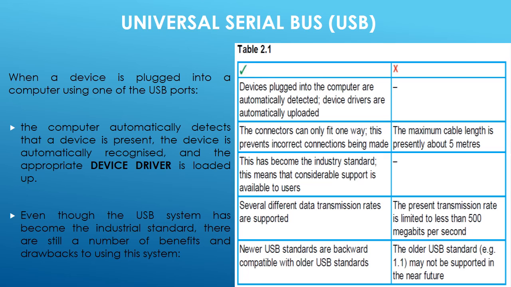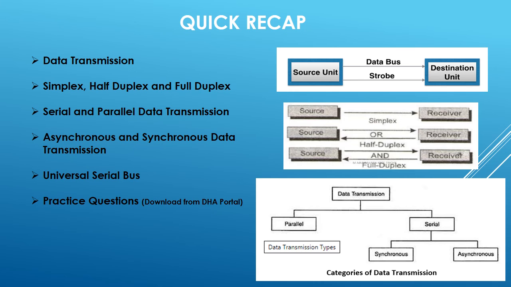The older standard USB, for example, version 1.1, may not be supported in the near future. Although right now it is compatible with the older or the backward USB standards, it is predicted that in future these will not be compatible with the newer version.